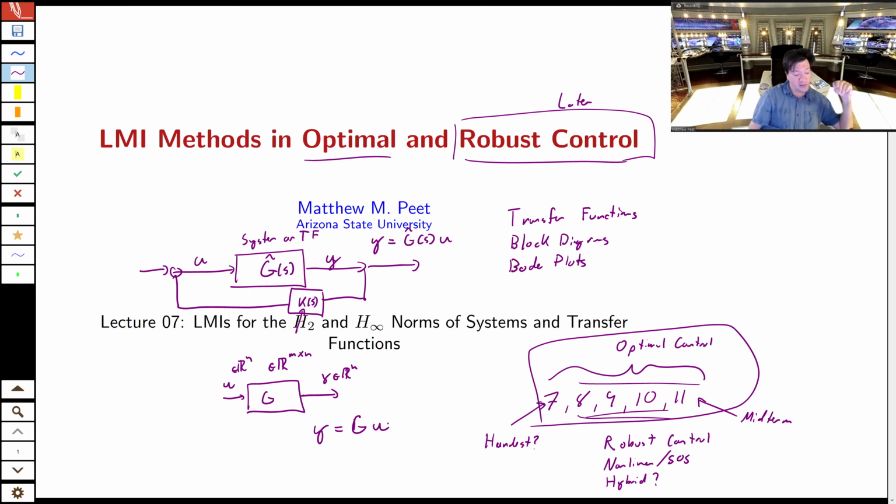But they're not vectors. They are functions. Functions, not vectors. And this G is a system and not a matrix.